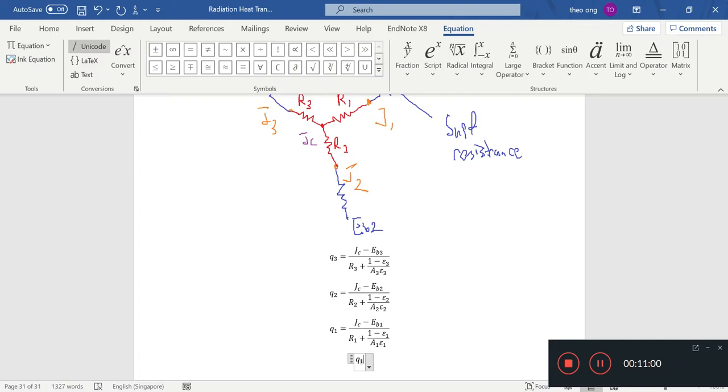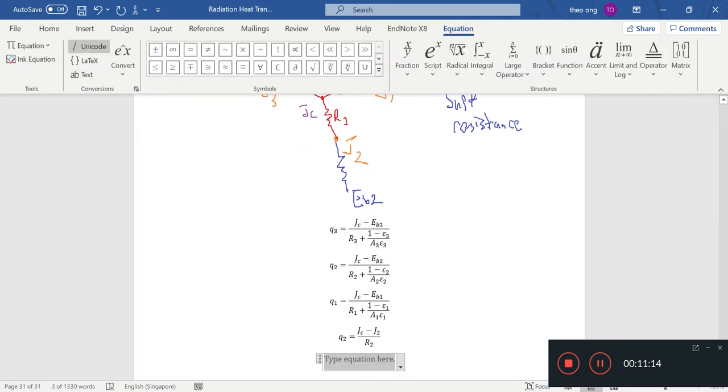If we include J2, we can do it in this way: JC minus J2 over R2, and that is equal also to, so this is 4 equations with 5 unknowns.